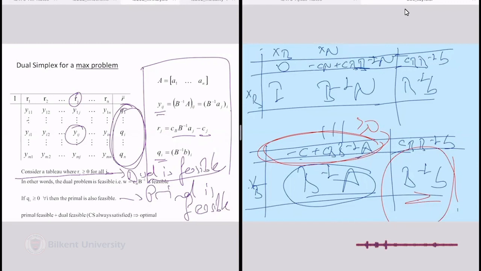So this table would really be optimal from every perspective, primal's and dual's. This is the idea of the dual simplex: we start when these are non-negative, so the dual problem will always be feasible, and we move towards primal feasibility.